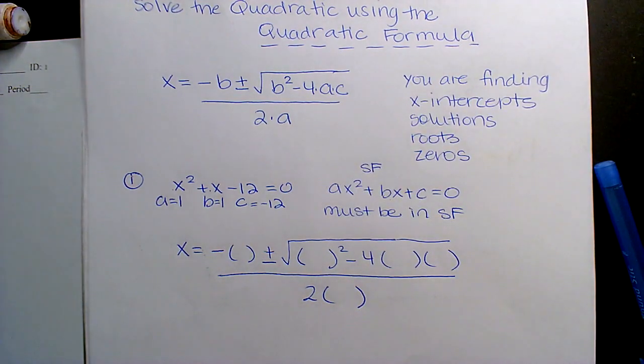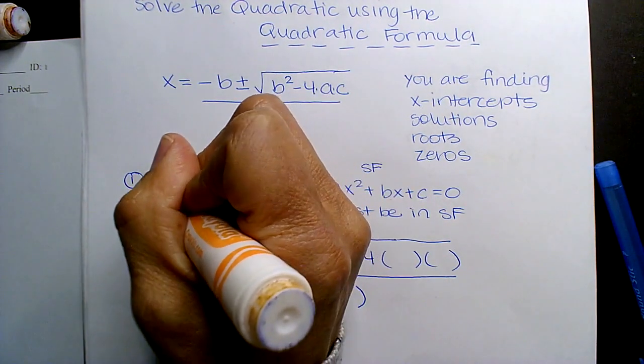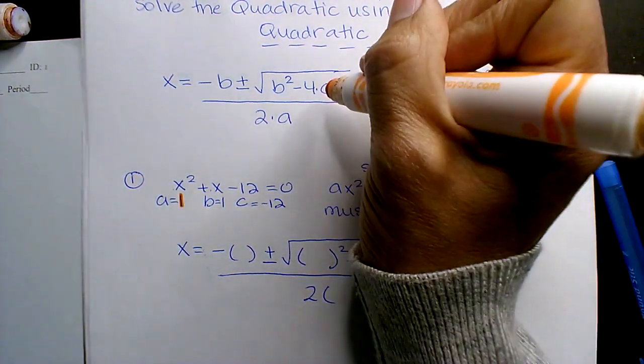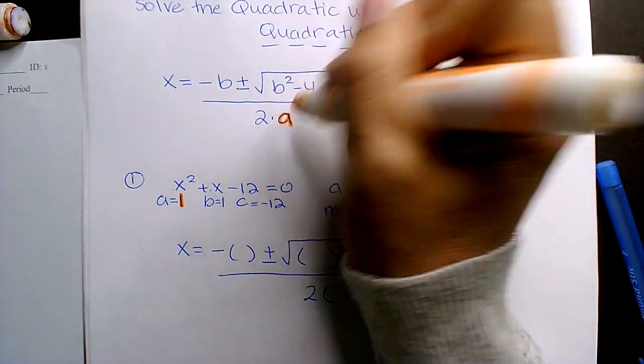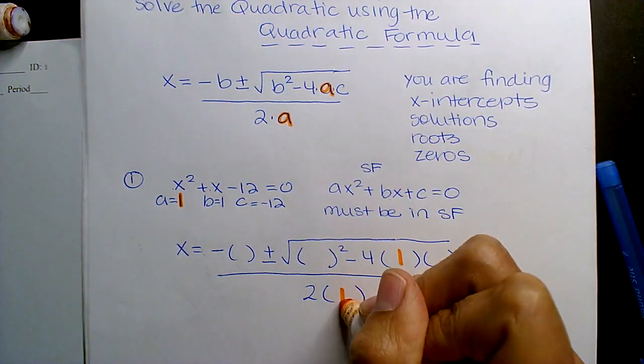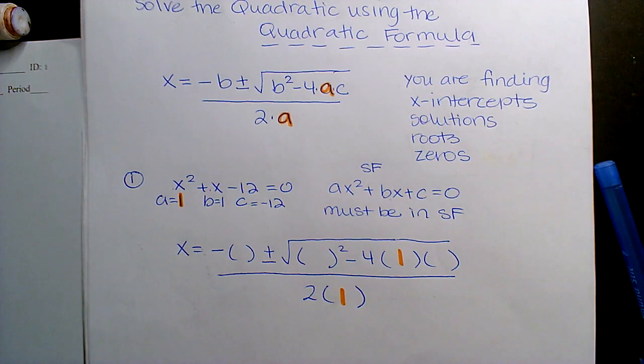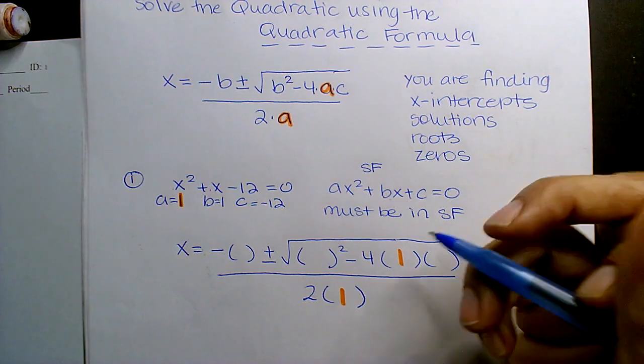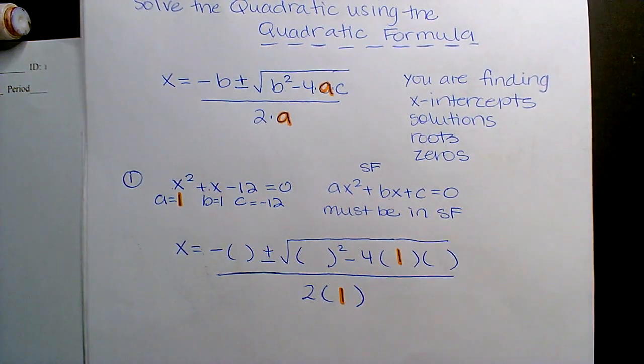Okay, so here we go. If I use markers, my a value is 1. So whenever I see an a, I'm going to substitute a 1. If you can substitute, this is super easy.